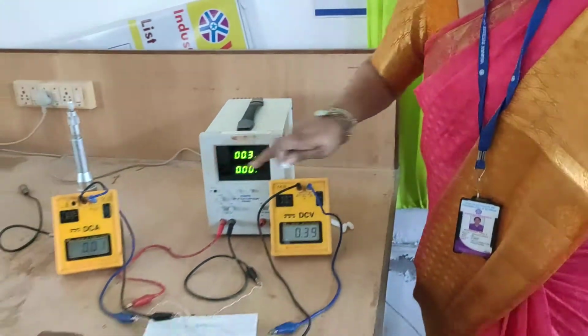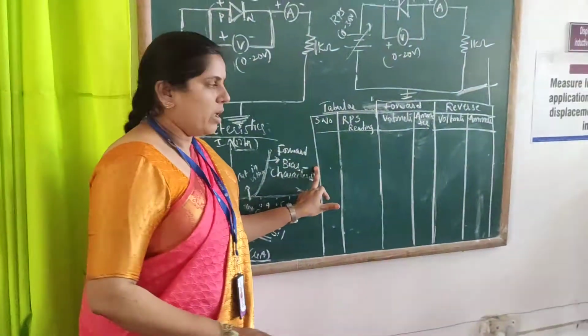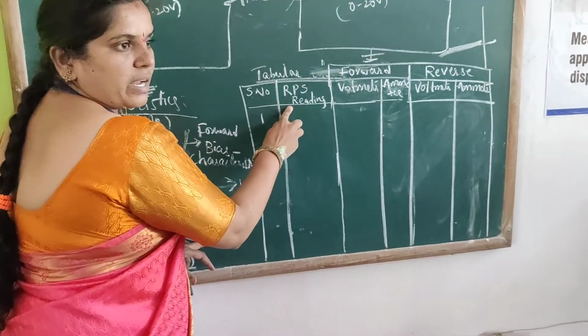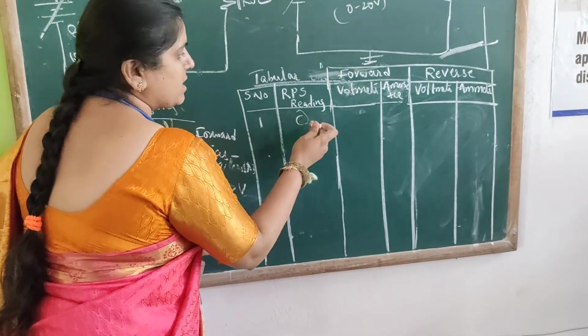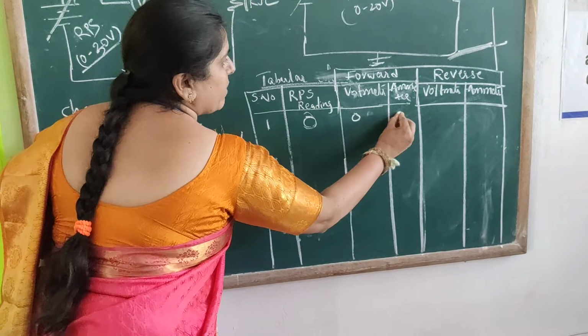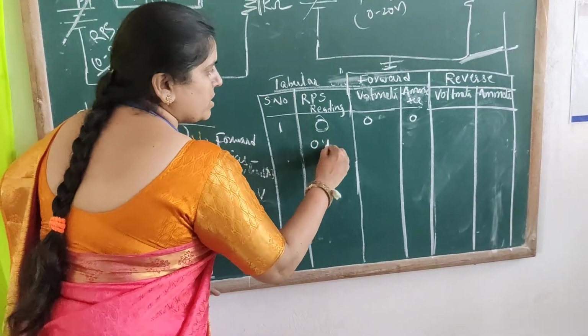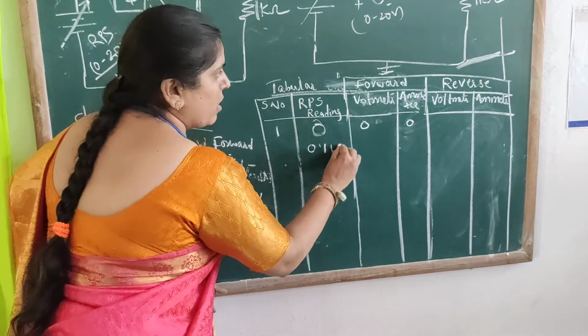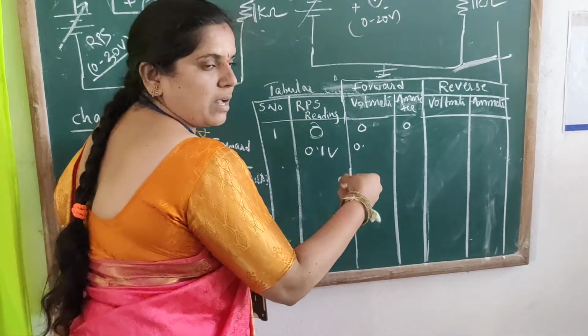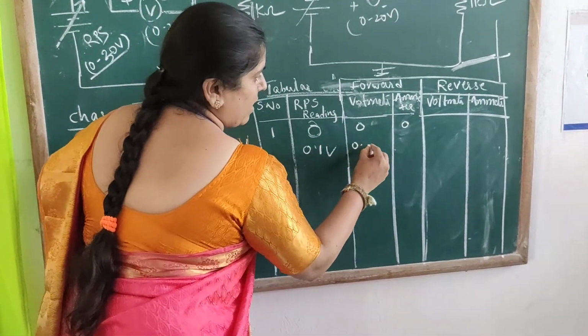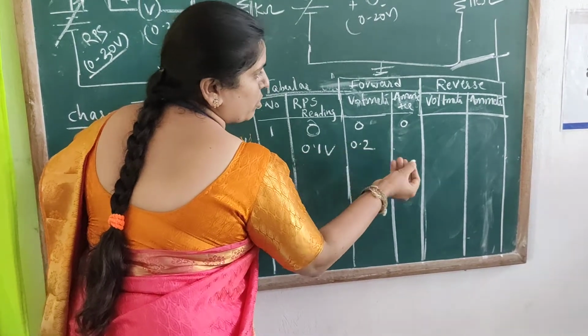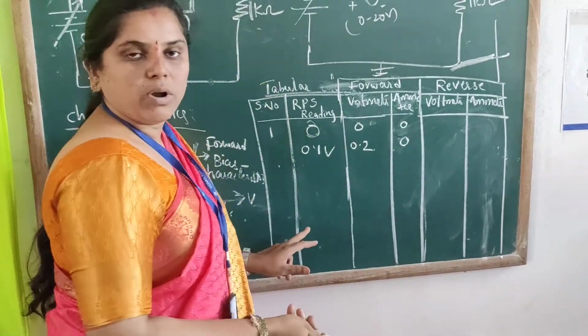You can note down these values in the tabular column. See, in the first serial number, for initial values RPS is 0 and the voltmeter and ammeter readings are also 0. When we increase the RPS values, RPS is 0.1 volt and the voltmeter slowly increases, like 0.2 volts, and the ammeter shows 0 only.